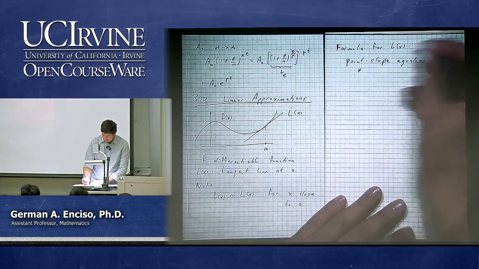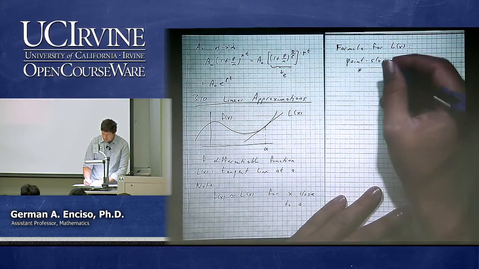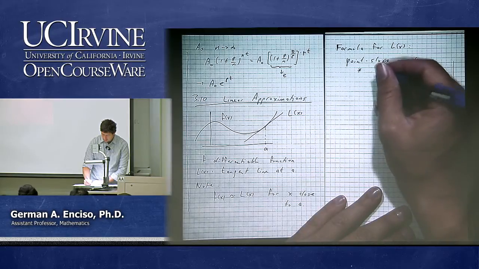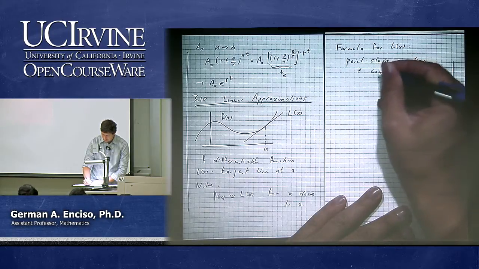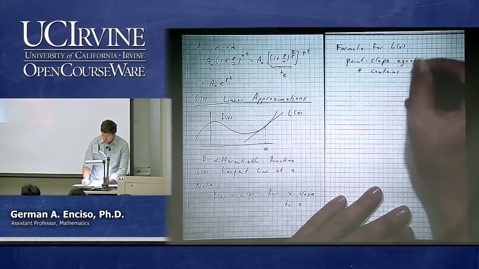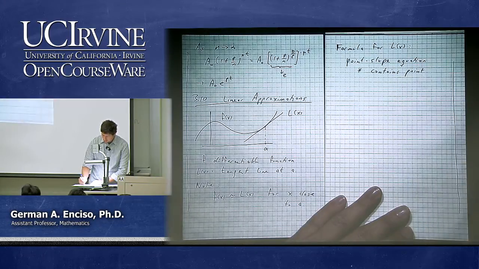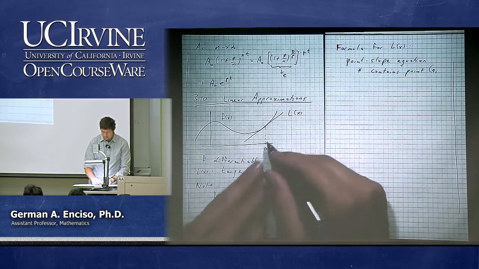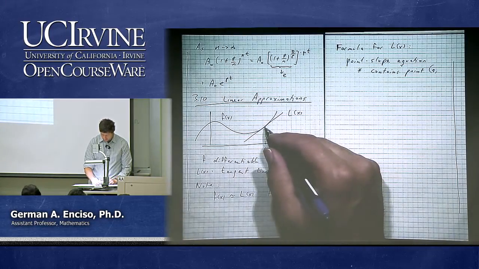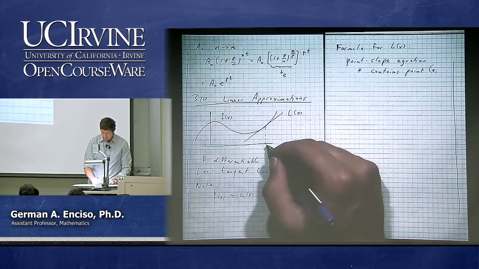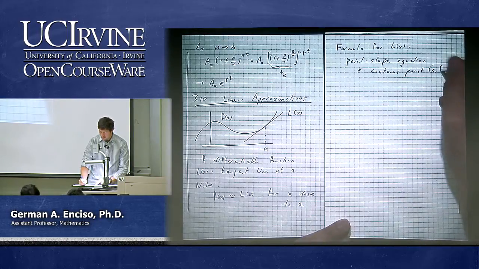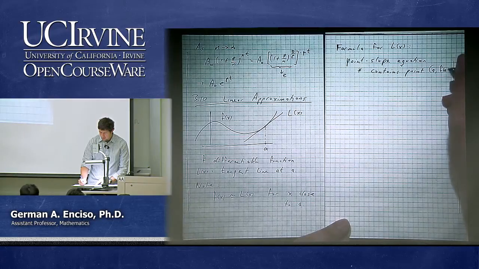We know that this line contains the point a, comma, so this point right here is on the graph of L. And that point has coordinates a, comma, f of a.